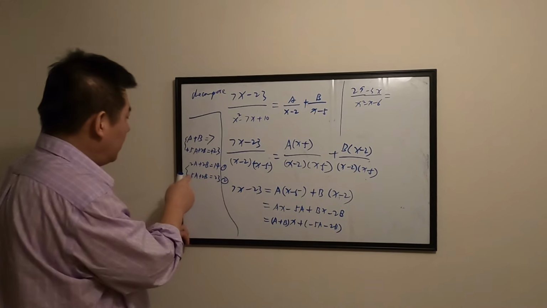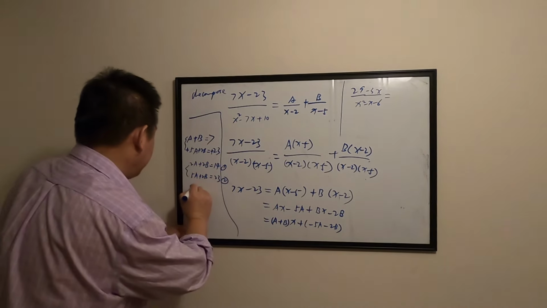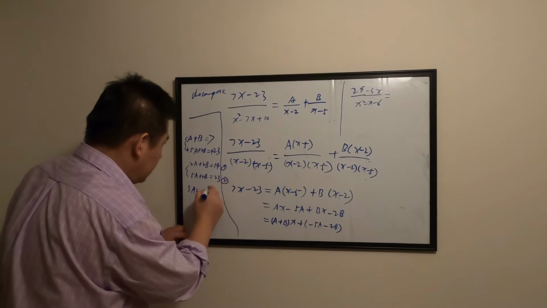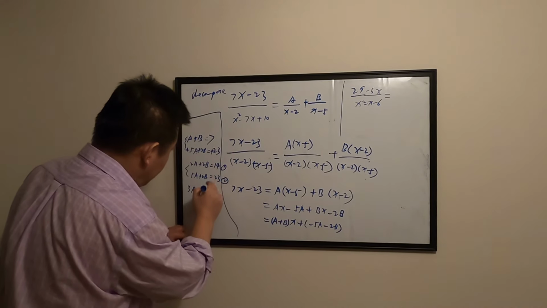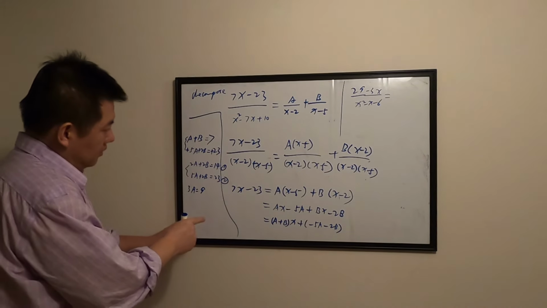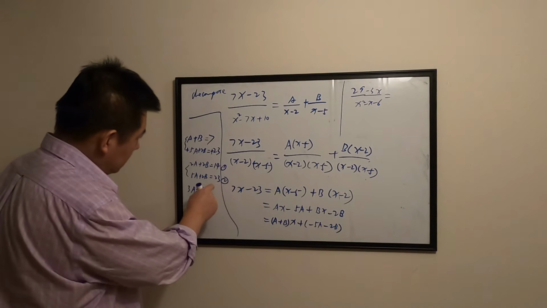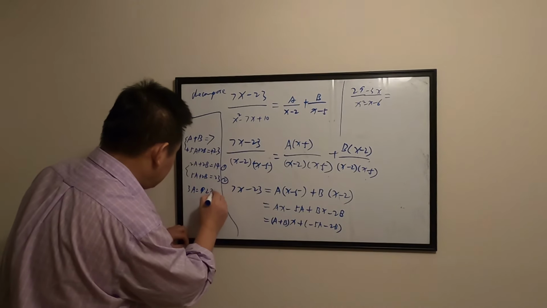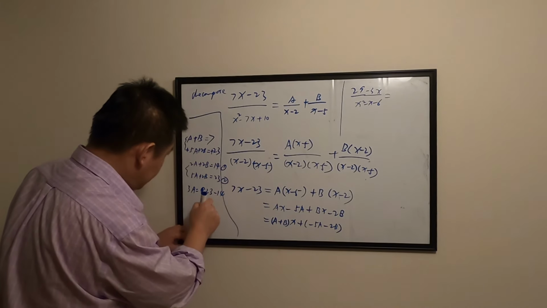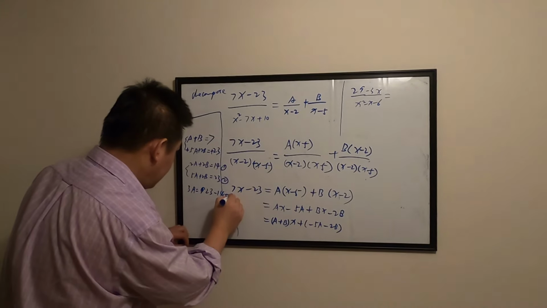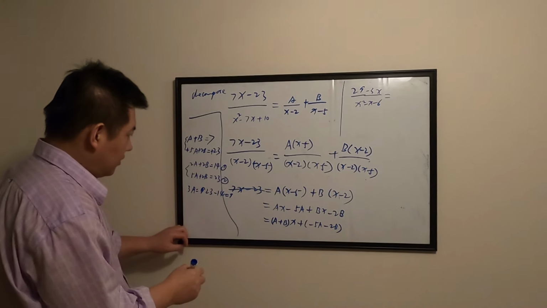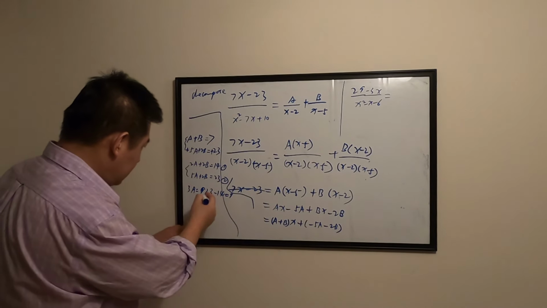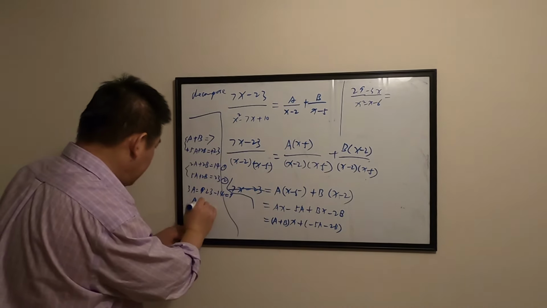So we get the answer for A. 9 equals 3A, so A equals 3.